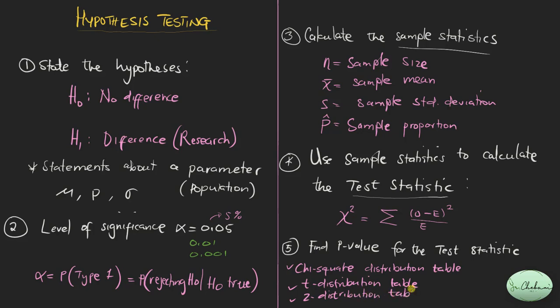There are many other tables that you can choose from, but these are the most popular ones that you come across, especially in an introductory statistics course: the chi-square distribution, t distribution, and the z distribution table.